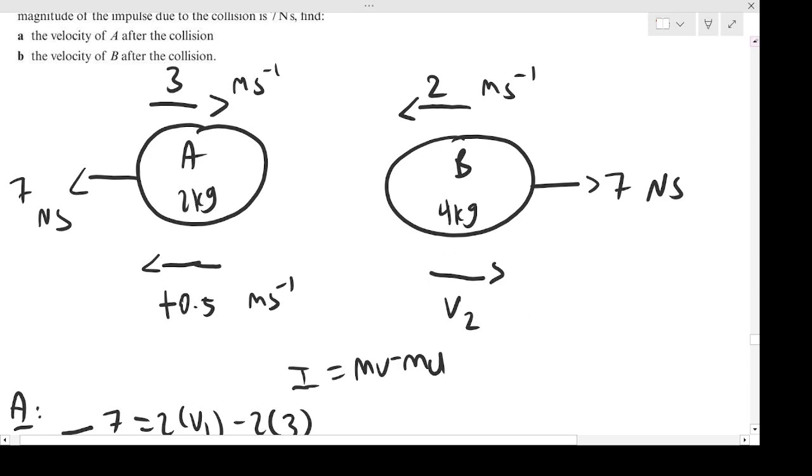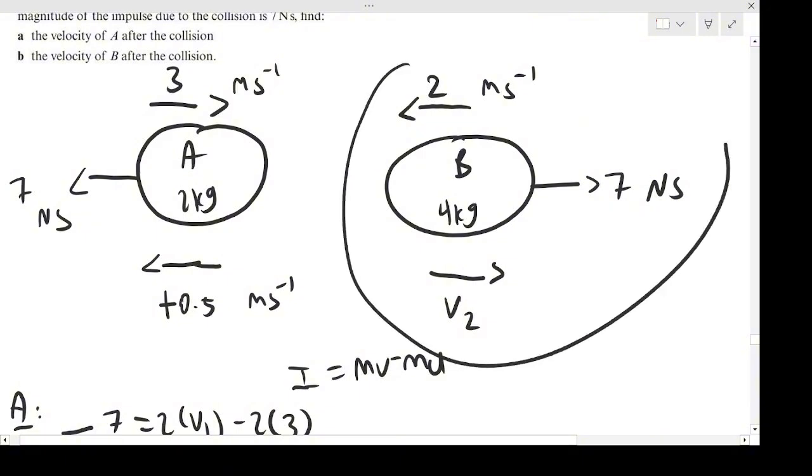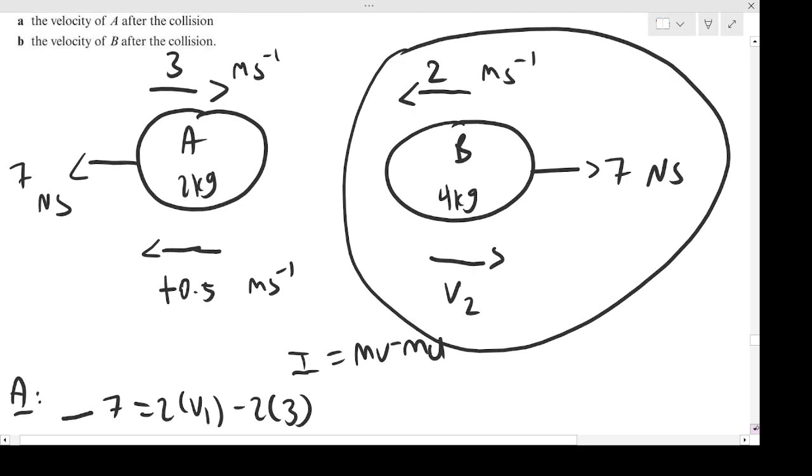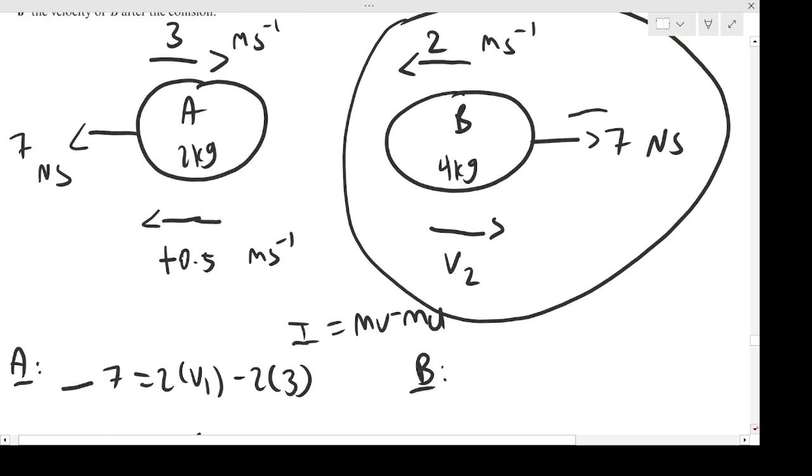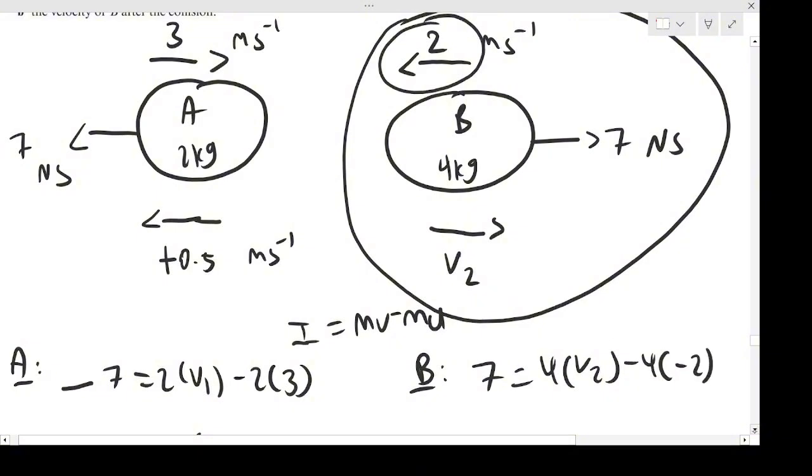Then I can find V2. So now I'm going to consider B, by using impulse. Okay, so again the impulse is 7, that's positive 7 because it's positive direction forwards. Then it's going to be mass times V, which is V2, and then take away mu, so mass is 4 and u is 2, but that 2 is going in the negative direction, so it's minus 2 actually.